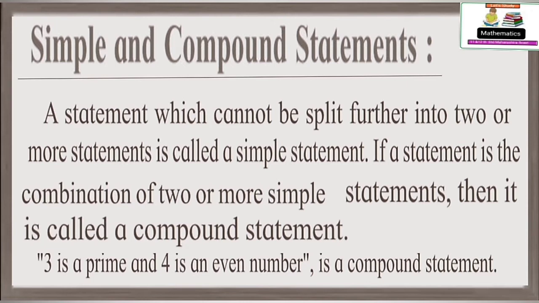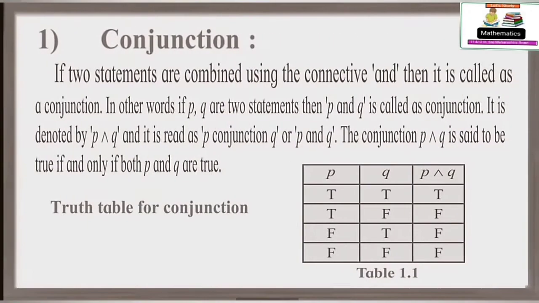This is also a simple statement. But when two simple sentences are connected by the word and, then this whole statement is called a compound statement. Two or more simple statements combined with a word is called a compound statement.